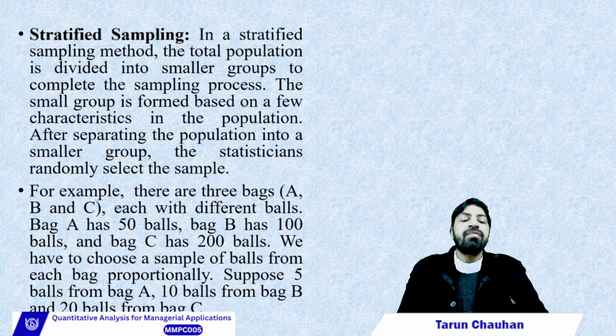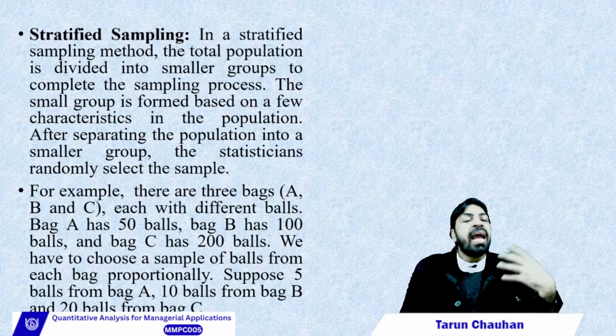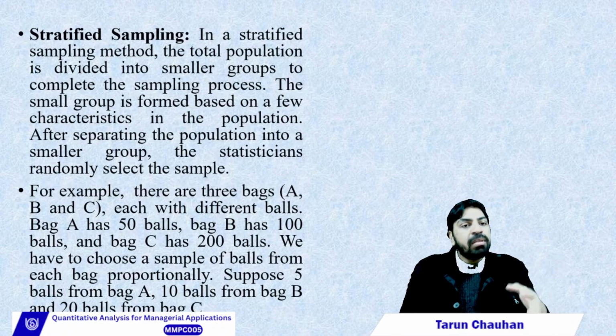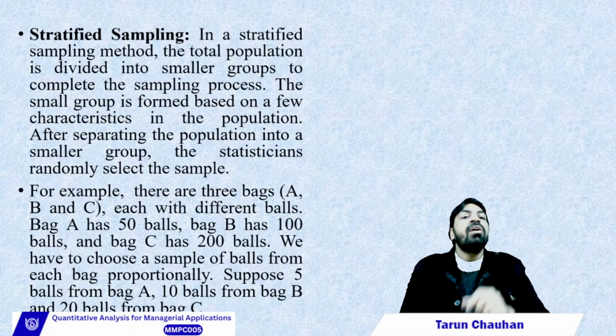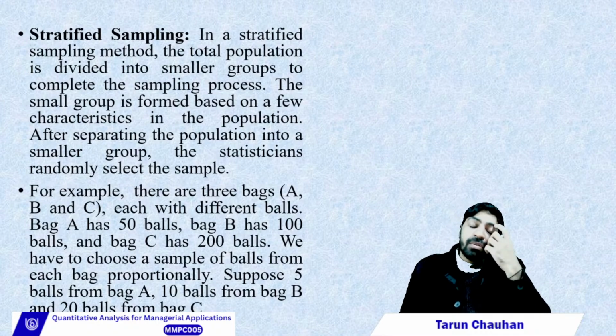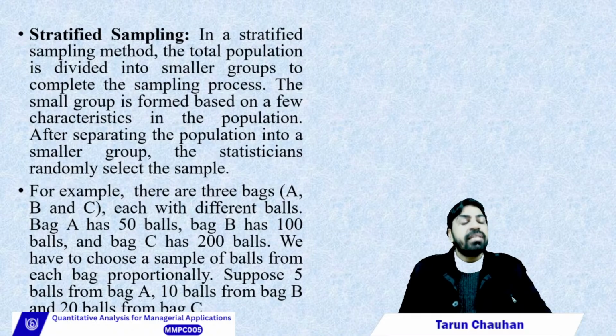Suppose 5 balls from bag A, 10 balls from bag B, and 20 balls from bag C. If we select the samples from each bag, it becomes stratified sampling, where the whole population is divided into three bags, and within the bags, the balls, that means a characteristic of the population, is also being divided. That's called stratified sampling.